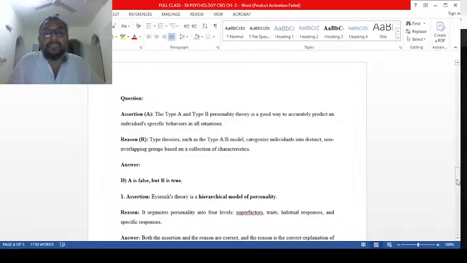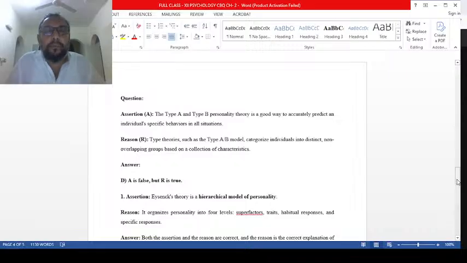Collection of characteristics we are using. Let us understand what Type A actually is. Type A personality possesses high motivation, lack of patience, feels short of time, and is always in a hurry to complete the work. See this area, Type A. And Type A is at risk of hypertension and coronary heart diseases.